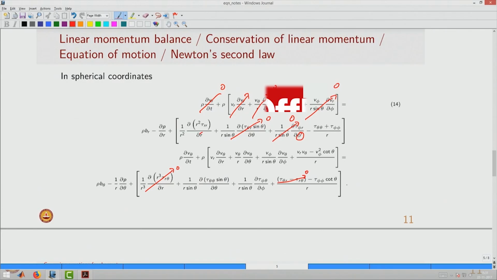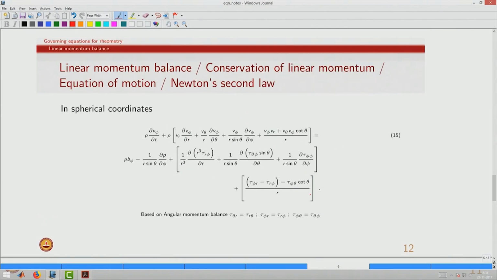And then if we look at the next set of Cauchy equation, since V phi is not a function of theta, not a function of phi, this term will be 0, V r itself is 0 and V theta itself is 0. Then we also have tau r phi as 0.